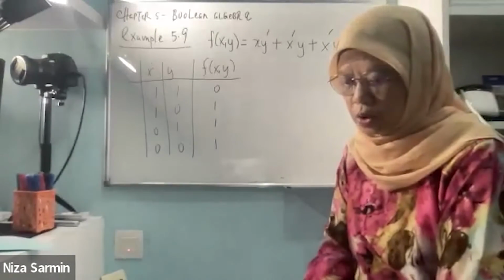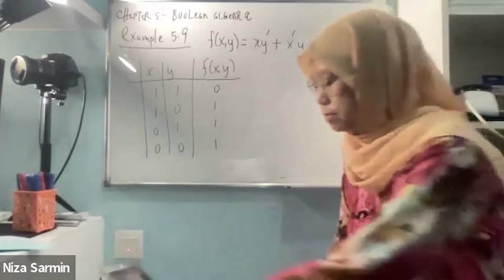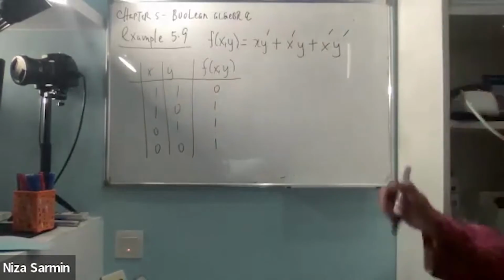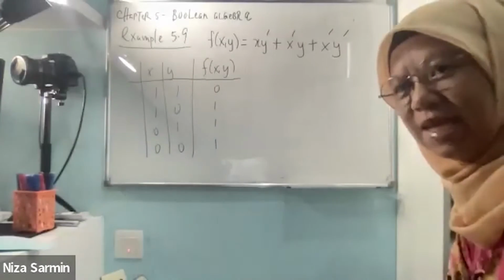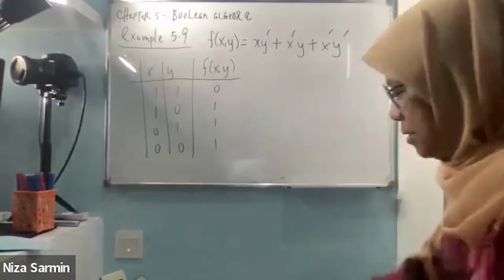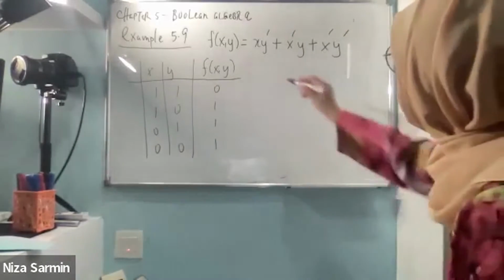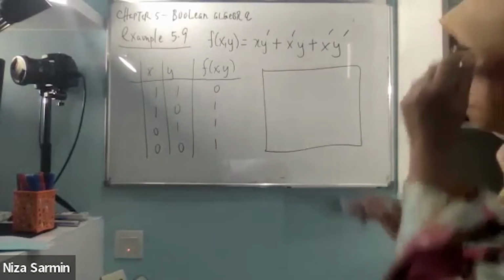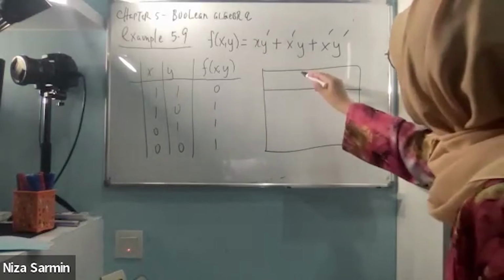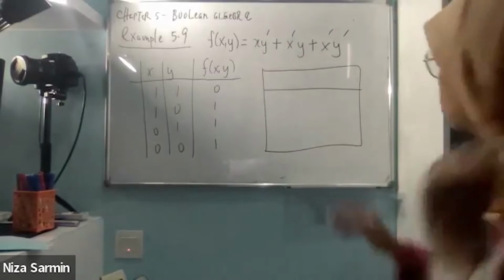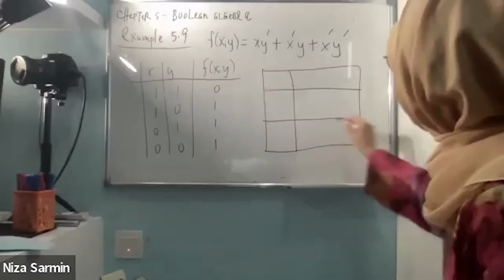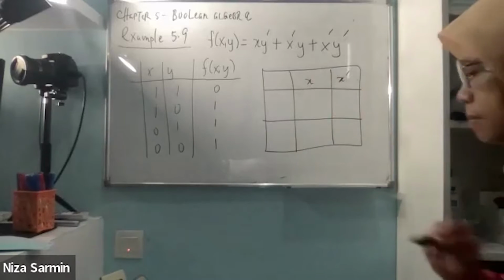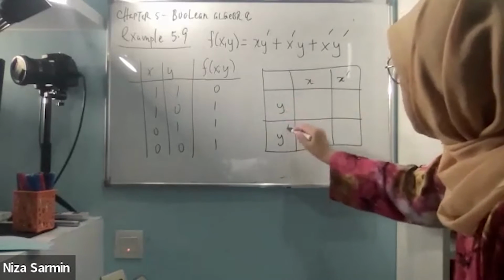So you have to draw a Karnaugh map. Okay, we'll sit over here. All right, so we do this Karnaugh map, and Karnaugh map is like this. And only XY, so we will have X prime, Y prime.